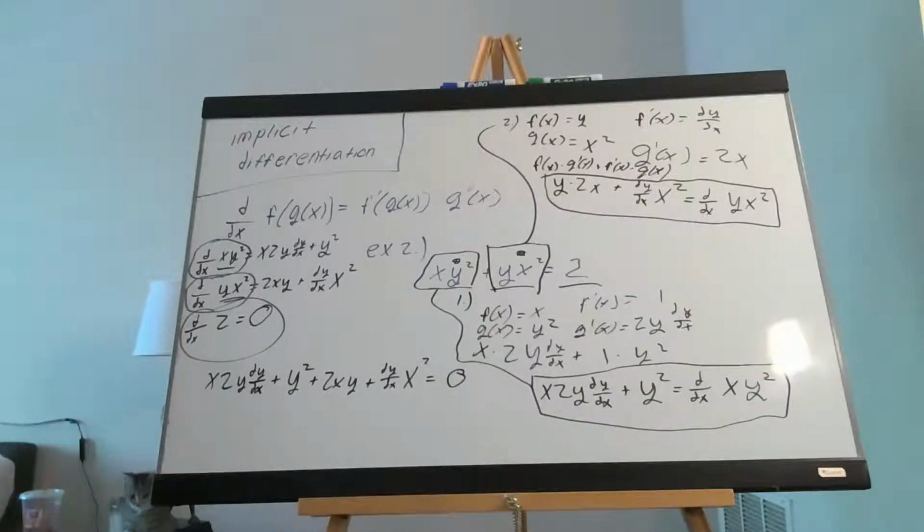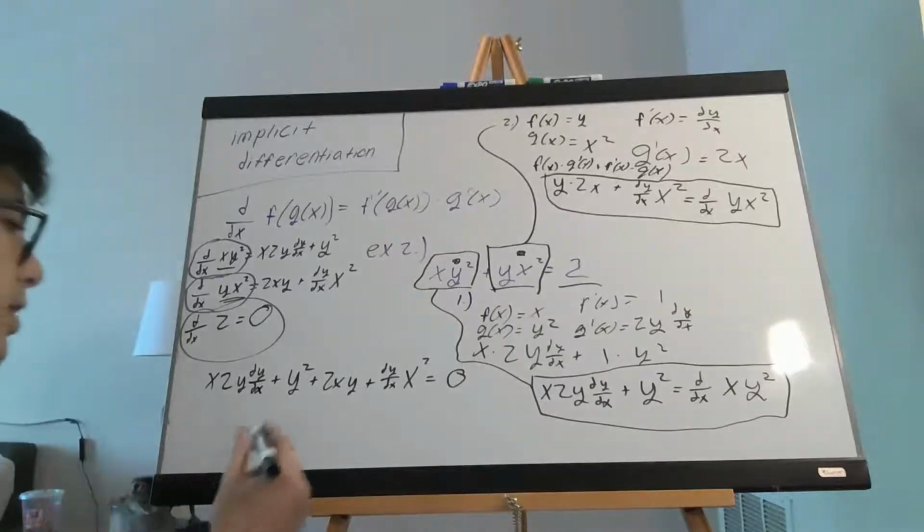So this part I said was going to be a little bit tricky, but if you're pretty swifty with your algebra and you know how to add and subtract like terms, and you know how to factor stuff, this should be a breeze to solve from here. And the objective here is to isolate dy/dx.